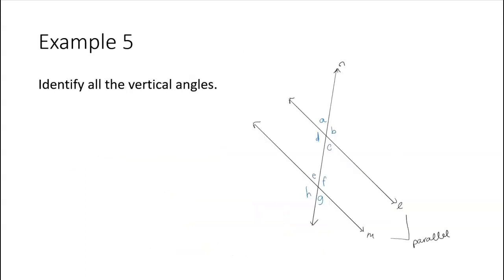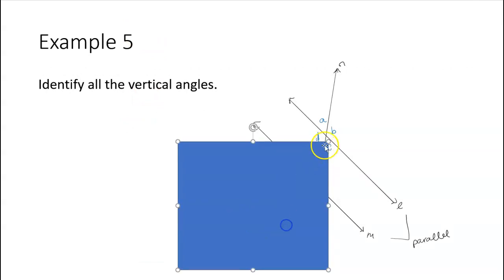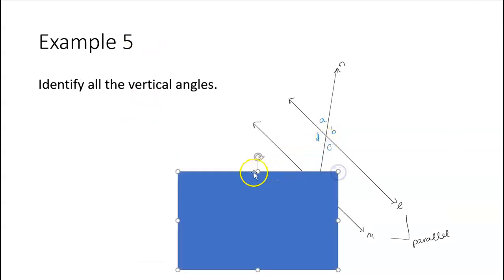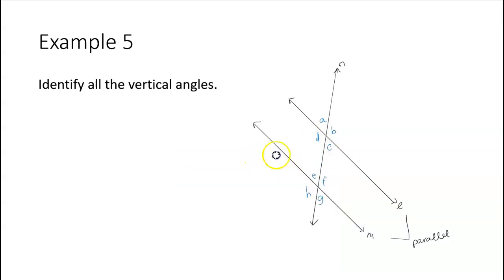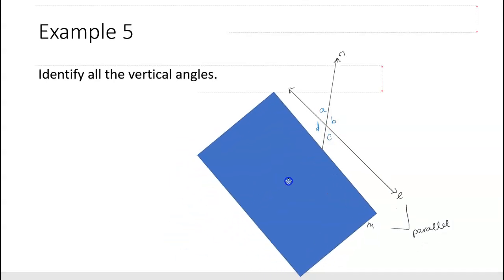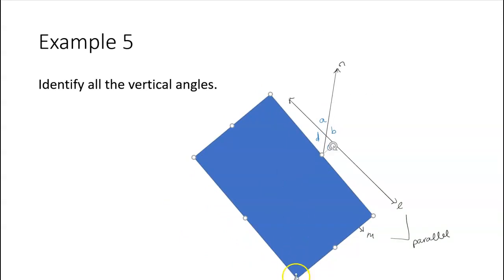So let's look here. Identify all the vertical angles. I don't want to overthink this. There are more than two lines meeting here, so let's just look at these lines here for a moment.